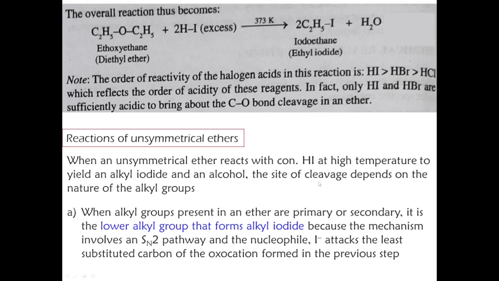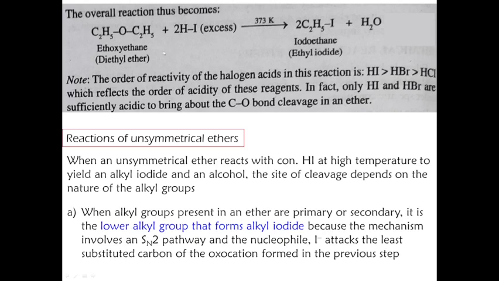Okay, and the site of the cleavage depends on the ether; here we are taking an unsymmetrical ether. For example, in this case both sides are C2H5 groups, but when we take an unsymmetrical ether, we may take a C3 group here and a different group there, maybe an ethyl group or butyl group or some other groups.